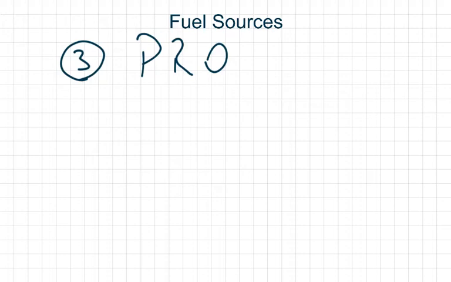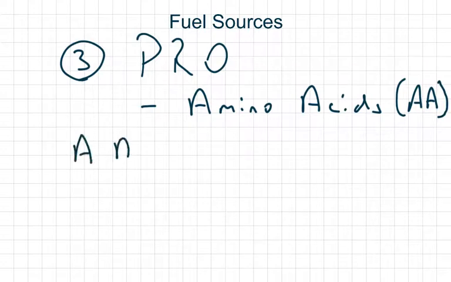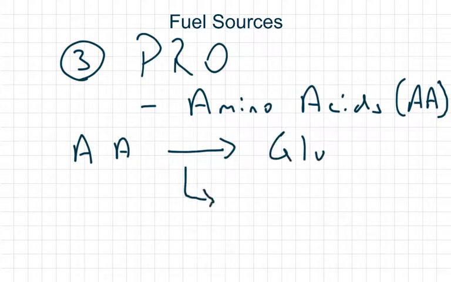And our third and final fuel source is what we call protein. And proteins are composed of subunits called amino acids. You'll sometimes see this referred to as AAs. And these can be converted into glucose via the process called gluconeogenesis.